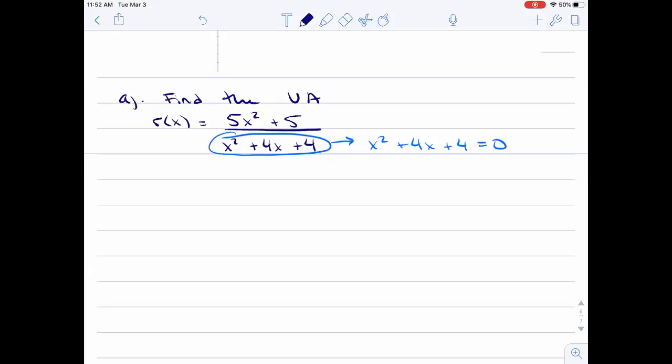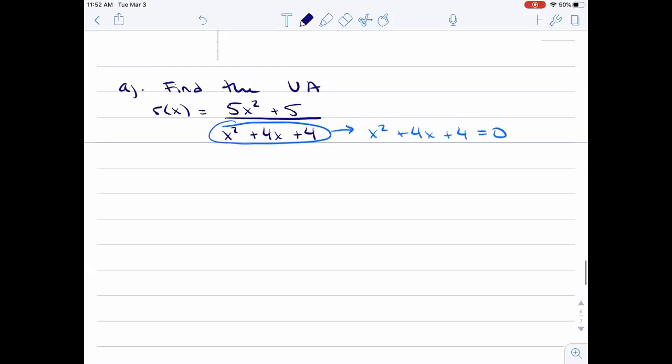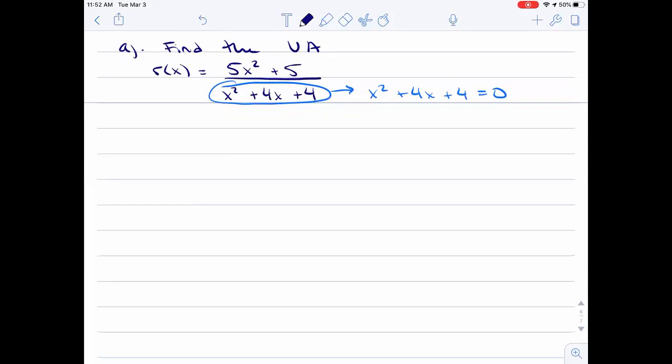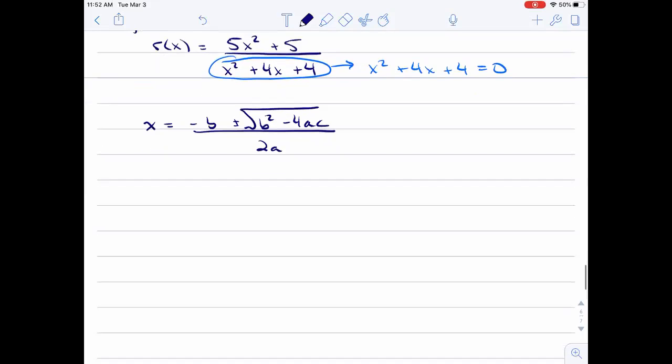So I'm thinking 2, but let's just use the quadratic formula, because that's not always going to be that easy to just look at and say, oh, I see it. So we have all the tools that we need for even tougher problems, we can use the quadratic formula, which says that x is negative b plus or minus the square root of b squared minus 4ac, over 2a.